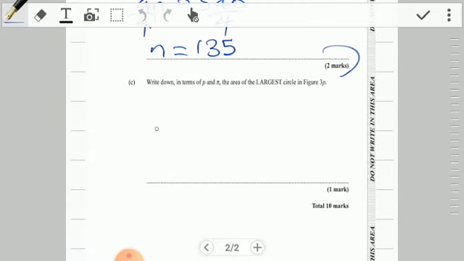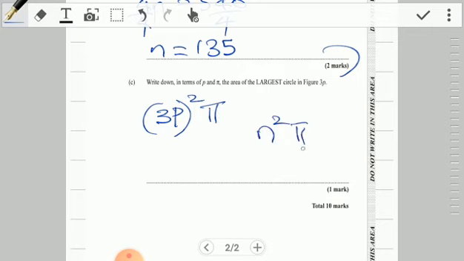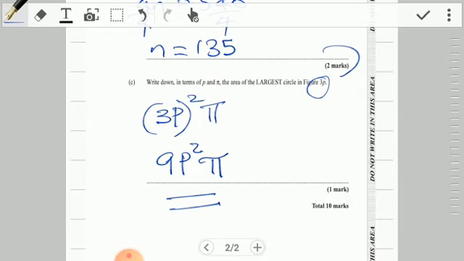This time the figure is 3p, so we're dealing with (3p) squared, then pi. So 3p squared is definitely going to give us 9p squared pi, and that is for the mark. And there it is, question 7, the problem solving question, January 2021. Thank you for watching.